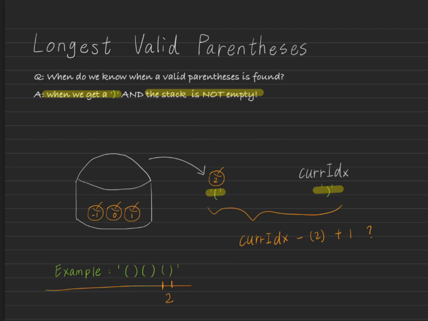No. We actually have to know the position of the starting valid parentheses, which is at the beginning of the string. So instead of using the value of the popped element, we can use the value at the end of the remaining stack, which indicates the position before the first starting valid parentheses. And the new equation is this.